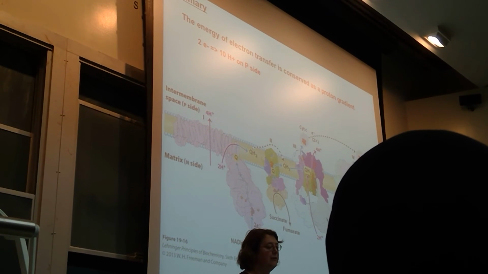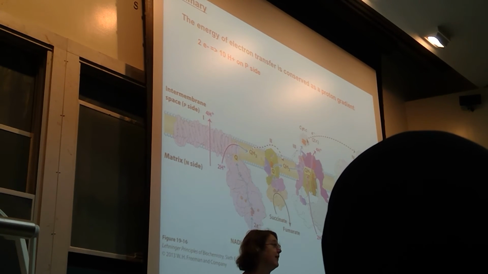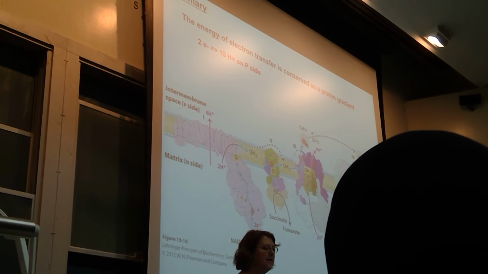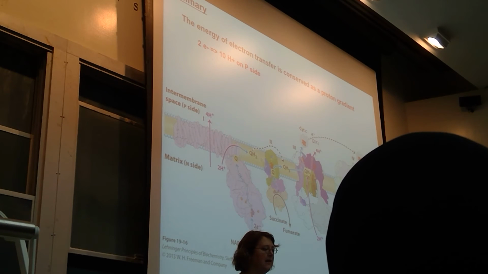Okay. So then for complex 3, again, there were these two different Q sites, QN and QP, that series of happenings that results in the reduction of two cytochromes. That cytochrome, and this is why I put this slide up, is to bring it all together, but to remind me to tell you that it's kind of a soluble protein. It can move and then be associated with 4. So it can actually bring these electrons over to associate with 4.